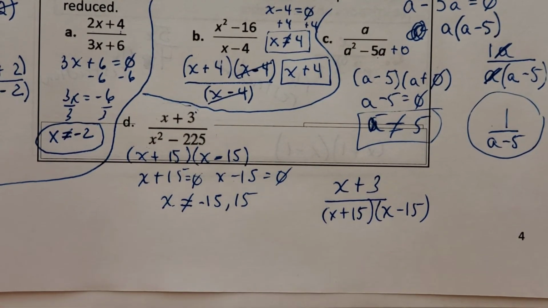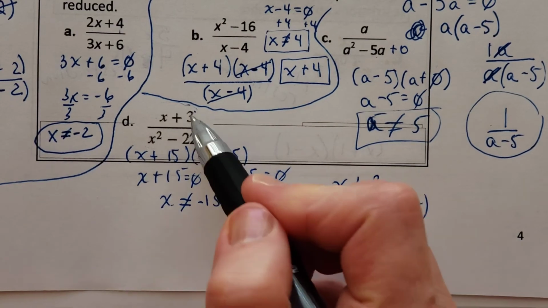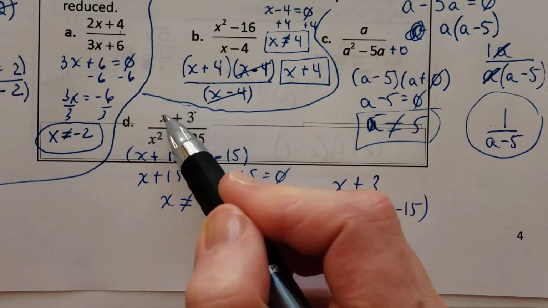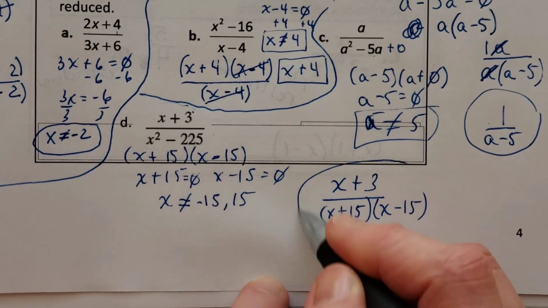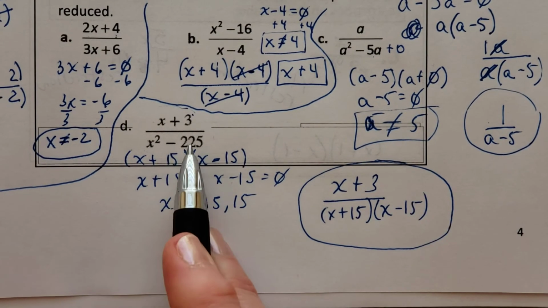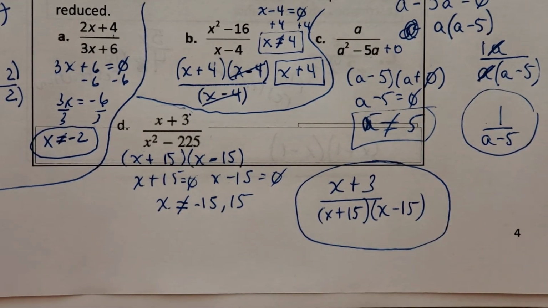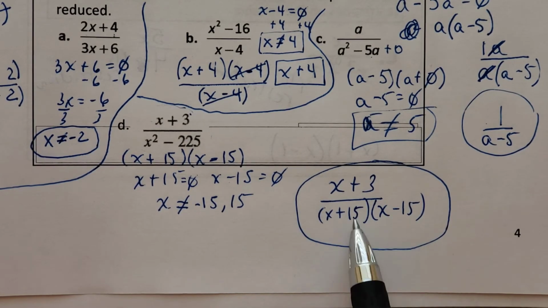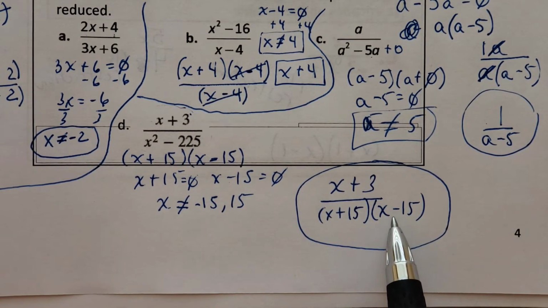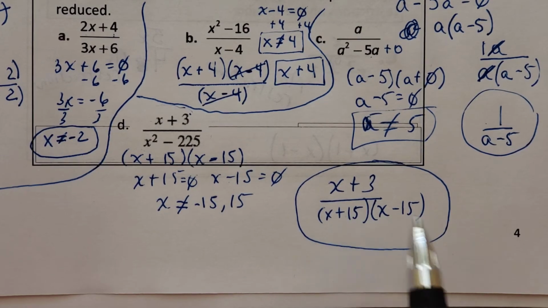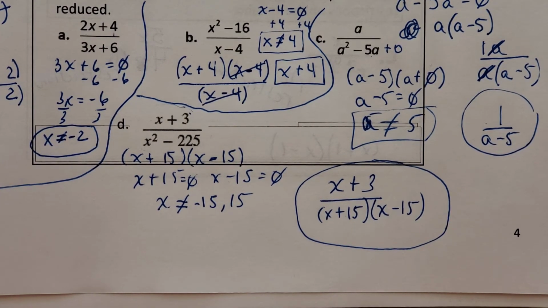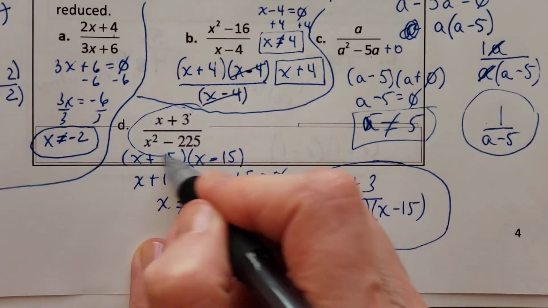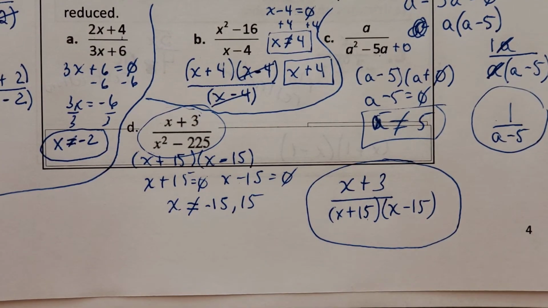So if it asks what is this expression simplified, you can put it in its original form, or you can put it in this form where we broke down the denominator. And technically those are both correct. This didn't help us cancel anything, so this step isn't 100% necessary, but just to make sure nothing cancels, it is always smart to break those down. So anyway, Hawks would accept either this answer or that answer.